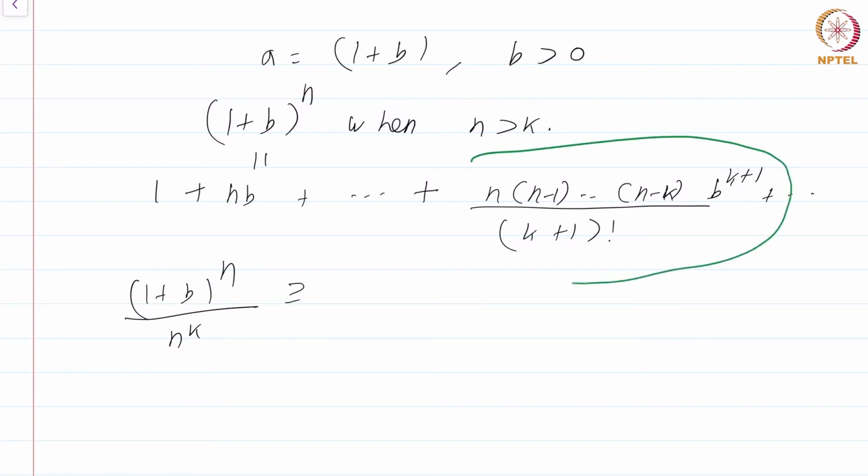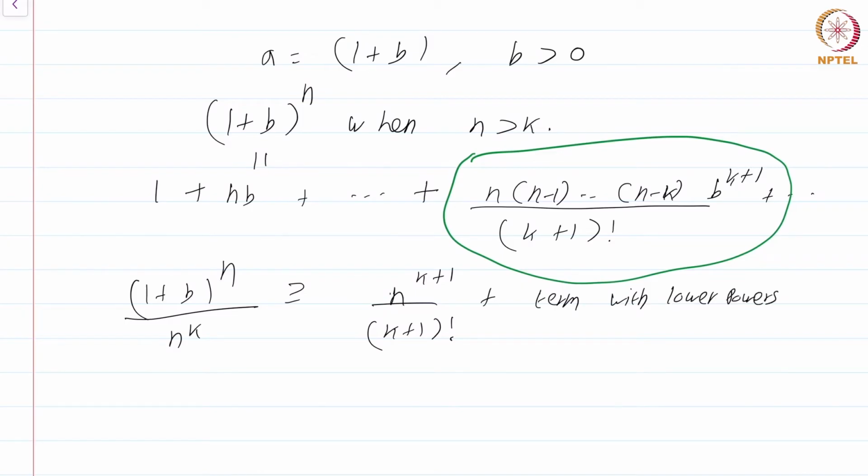Now if you look at this term and expand out n(n-1)...(n-k), it is easy to see that this whole thing will be greater than or equal to some n^{k+1} / (k+1)! plus terms with lower powers of n, and the whole thing gets multiplied by b^{k+1} and divided by (k+1)!.